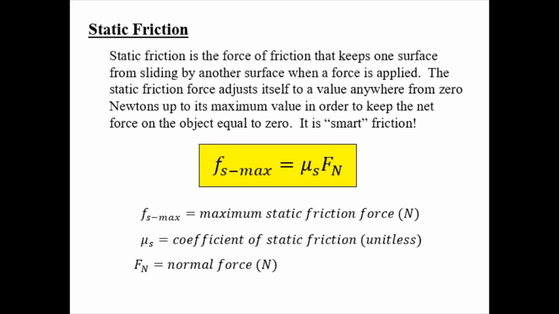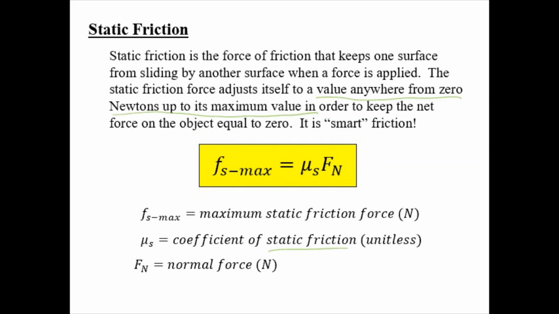So again, static friction can vary. The value for the static friction can be anywhere from 0 up to its maximum value. And the maximum value, F sub s max, the maximum static friction we can get, is mu sub s times the normal force. So mu sub s is our coefficient of static friction.